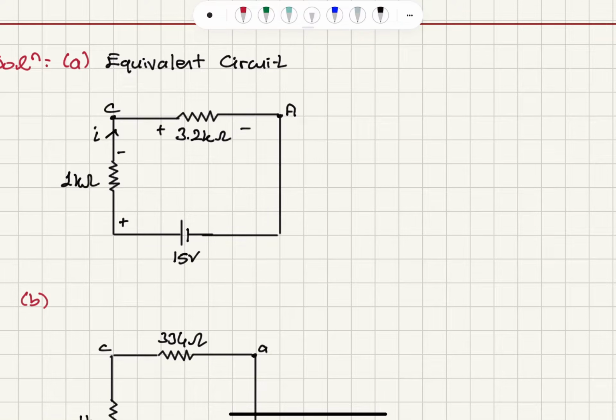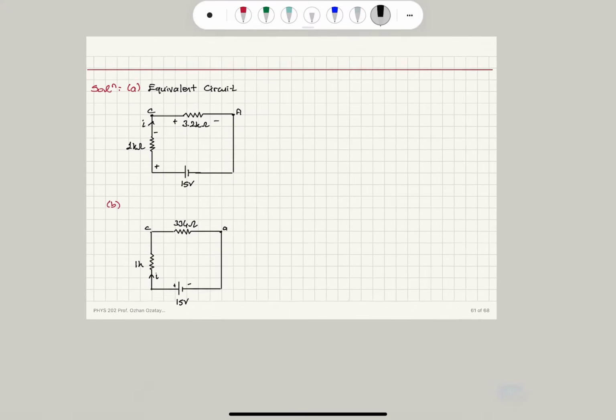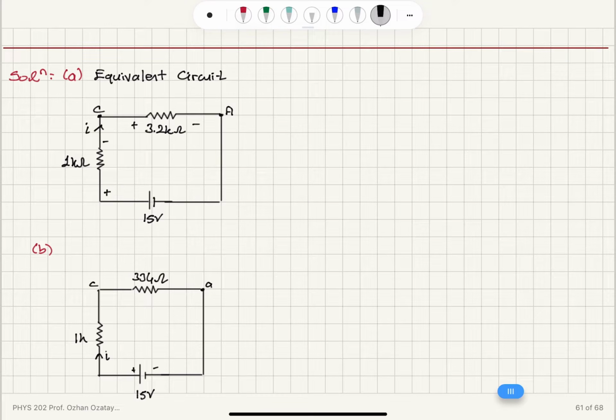So we want to know the potential difference VAC. You can observe from this equivalent circuit that we have a simple voltage divider. This is a simple voltage divider.